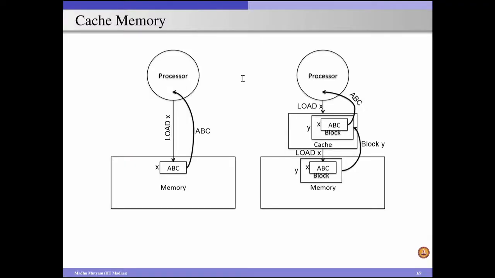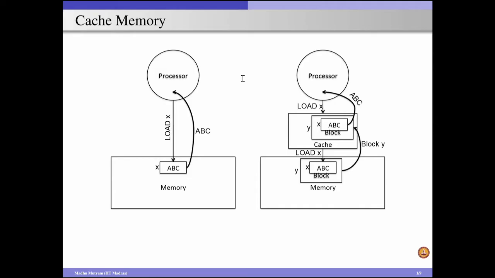degraded significantly. To minimize the performance penalty, we can consider a faster memory between the processor and the main memory, which is called a cache memory. We send the request from the processor to load the data stored at address X. We first search in the cache, and the cache is initially empty, so there is no data. We will go to the memory and get the data.